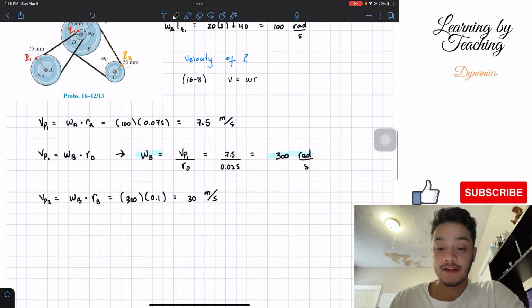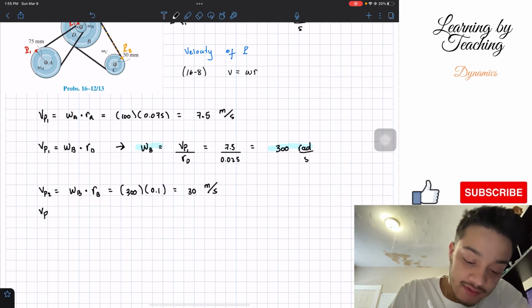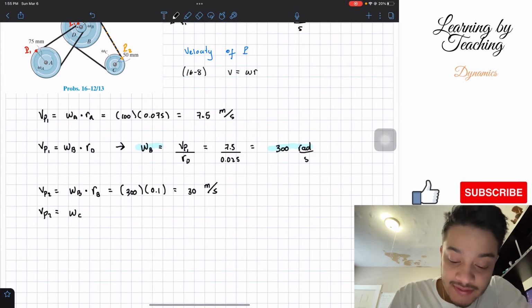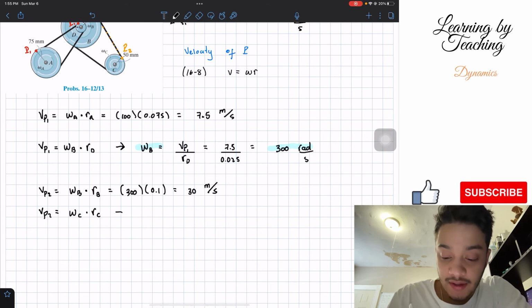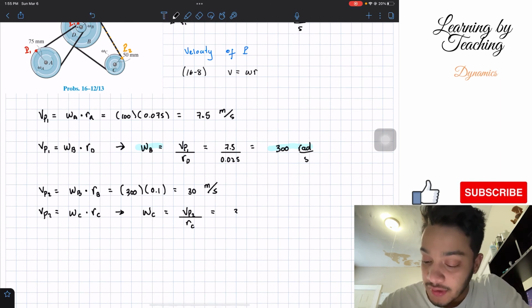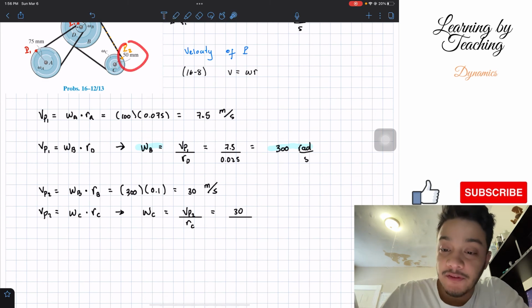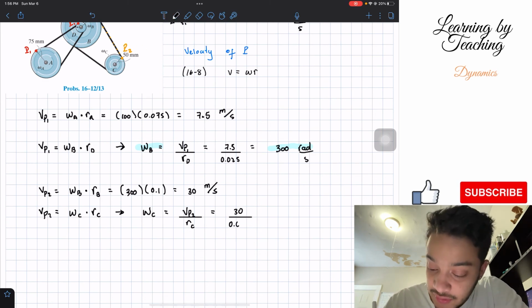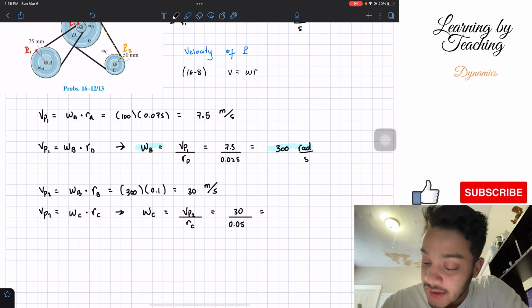Finally, the same velocity of this point should be equal to the angular velocity of my disk C multiplied by my radius C. If we solve for the angular velocity at C, it should be equal to the velocity of point 2 divided by my radius at C. We plug in the numbers: 30 divided by the radius, which is 50 millimeters, so 0.05 meters.